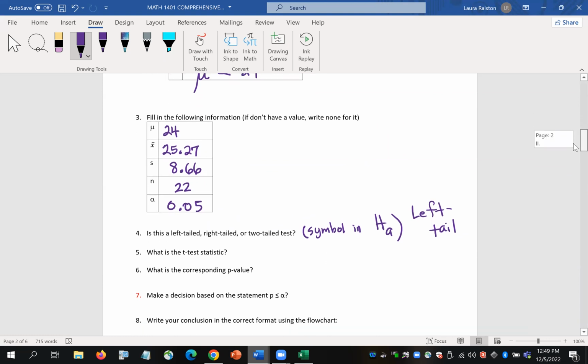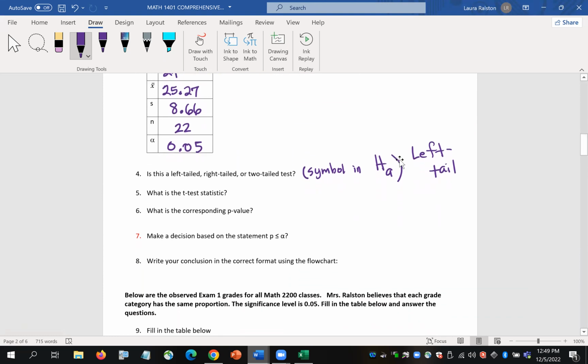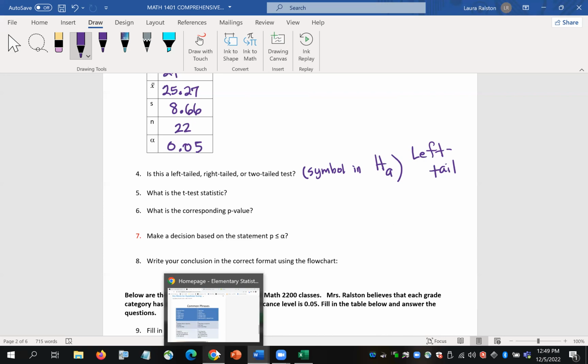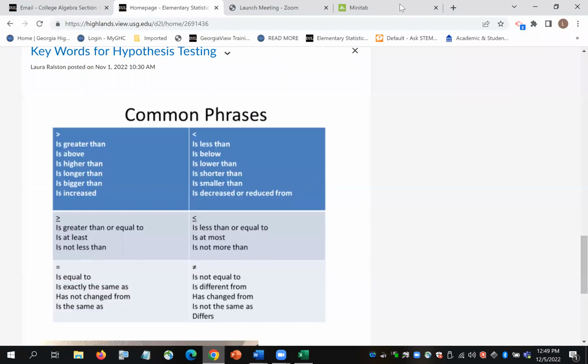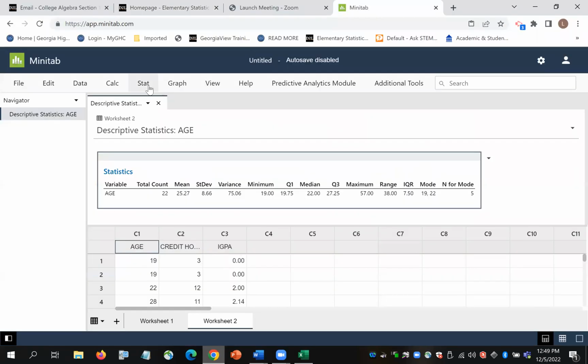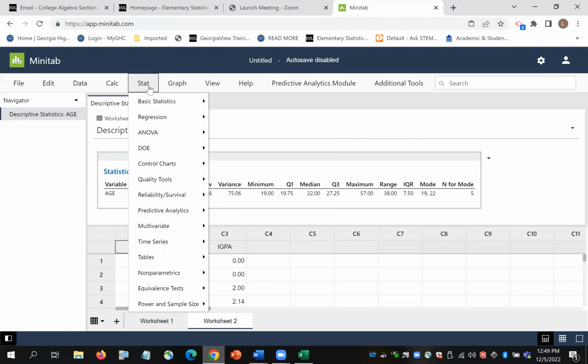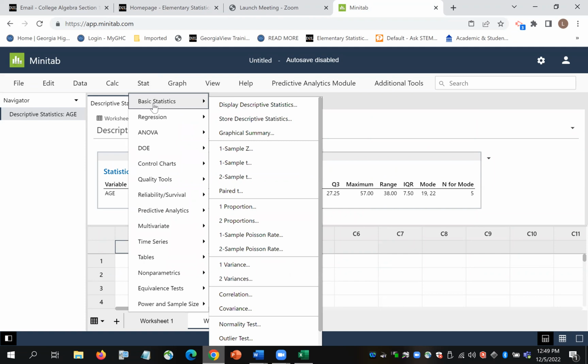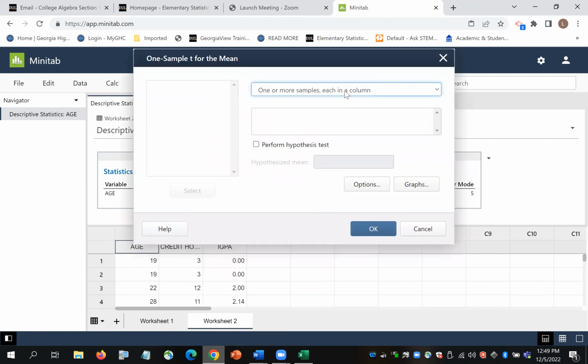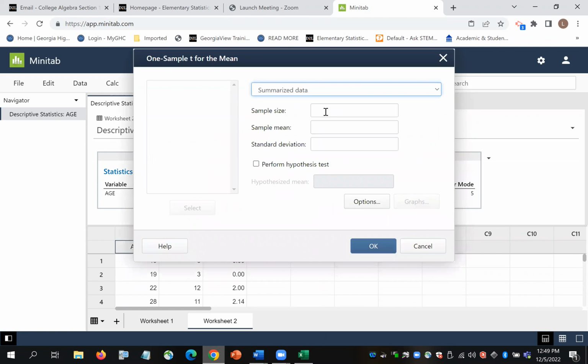Then I need the test statistic and the p-value, which we find in Minitab. So I'm going over to Minitab. We do Stat, Basic Statistics, One Sample T. I have summarized data.